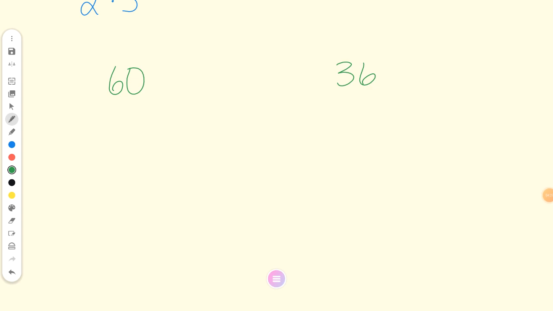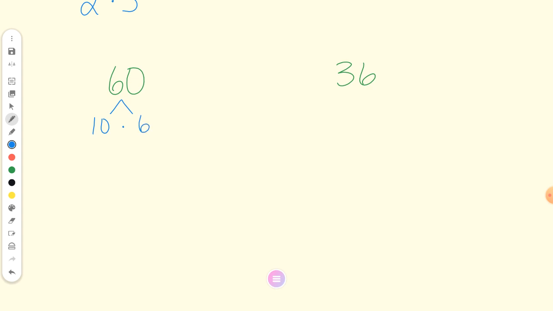Brody, can you help me get started with 60? What do I do? What are 2 numbers that I can multiply together to get 60? It ends in a 0, so what has to go into it? 5, or 10, even easier. 10 times what? 10 times 6.